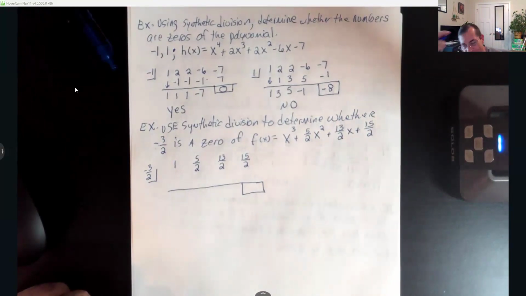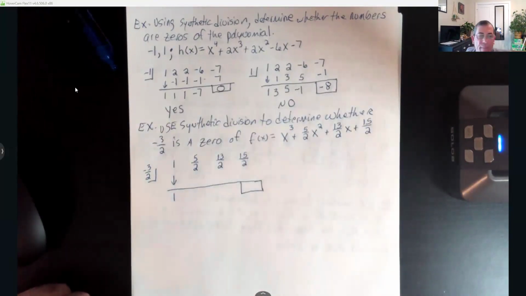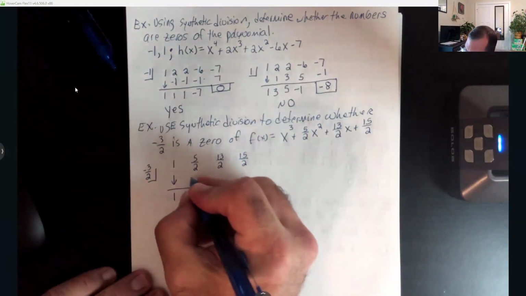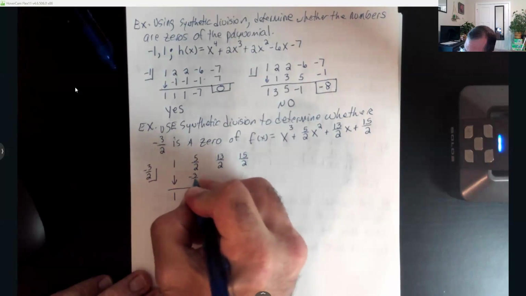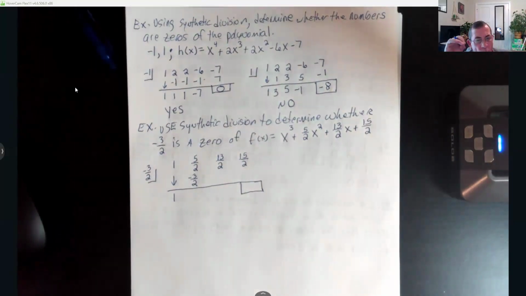All right, y'all, so let's spin this one around. Let's bring that 1 down. So 1 times -3/2 is -3/2. So y'all, what I'm wondering, what does 5/2 minus 3/2 give me?